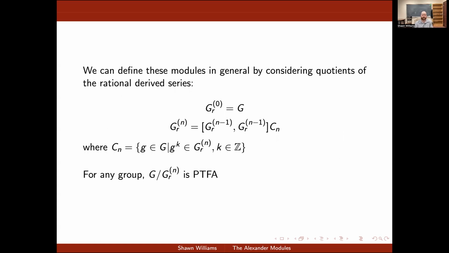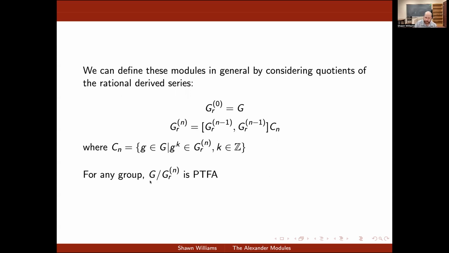So the rational derived series is very similar to the derived series, where it looks like this sequence of commutator subgroups, except at each stage we multiply by this other group that we're calling Cn. And don't worry too much about the definition of the rational derived series. I'm not going to get into the details of it in this video.